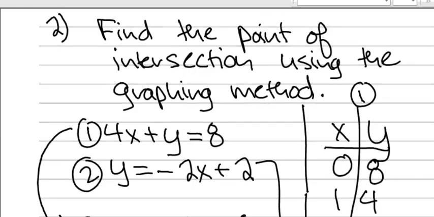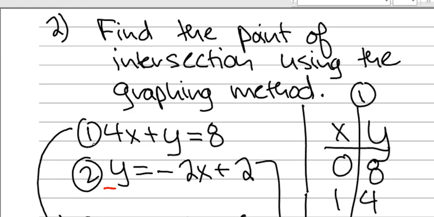So question number 2, we want to find the point of intersection, or where the two lines meet up, using the graphing method. So I've got my first line, 4x plus y equals 8. And my second line, y equals negative 2x plus 2.